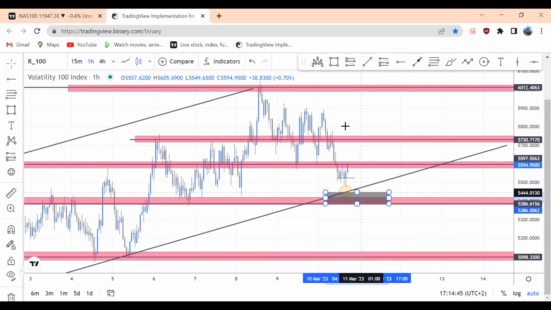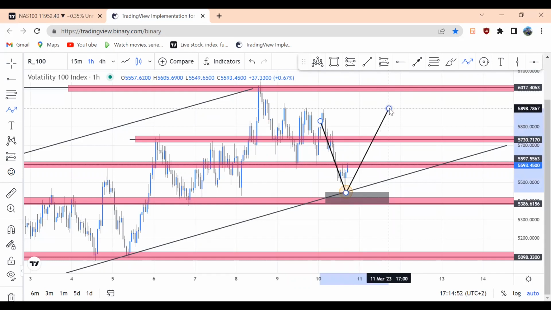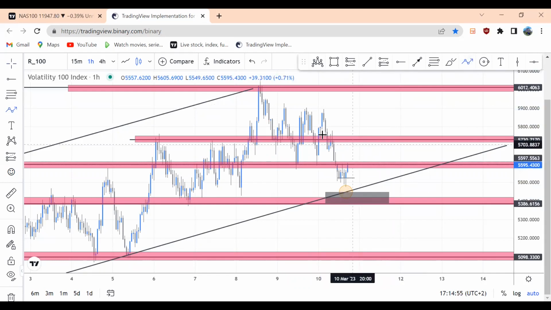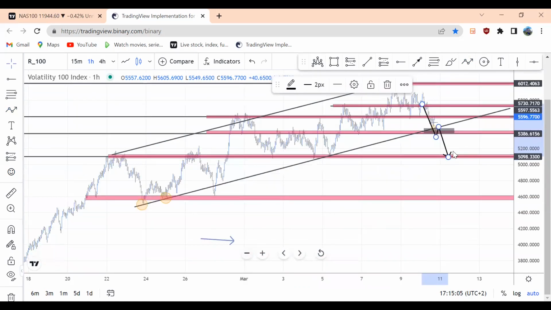The probability tells us that the market will bounce off here. And if the market breaks and retests this confluence zone, it confirms that the market will push to the downside, that the overall uptrend is over, and now we can look for selling opportunities.